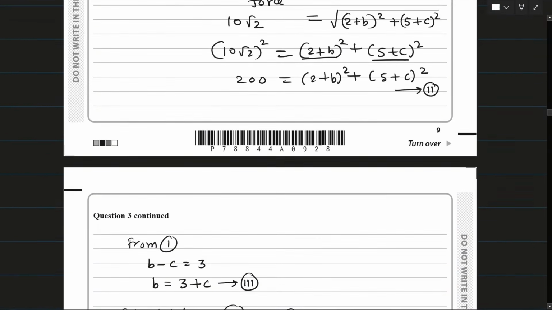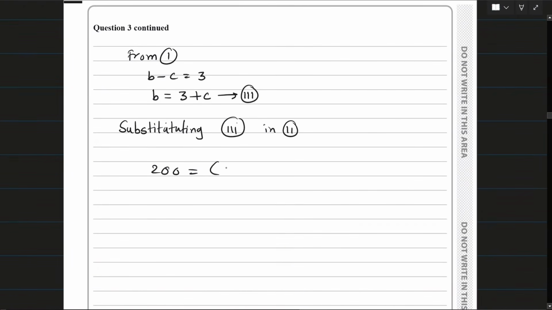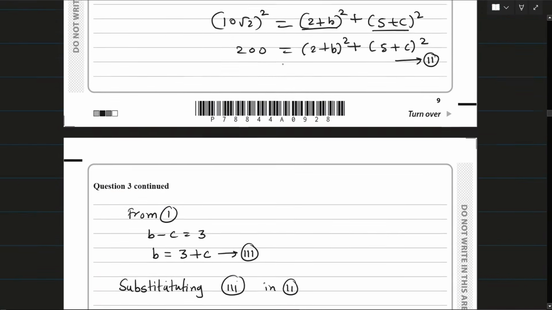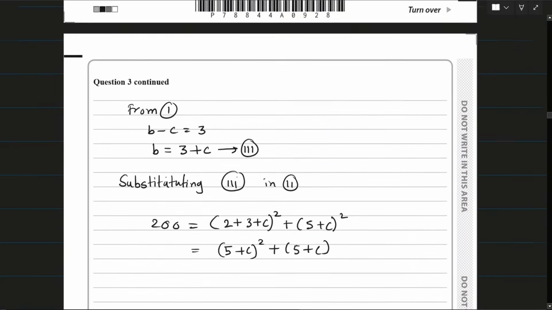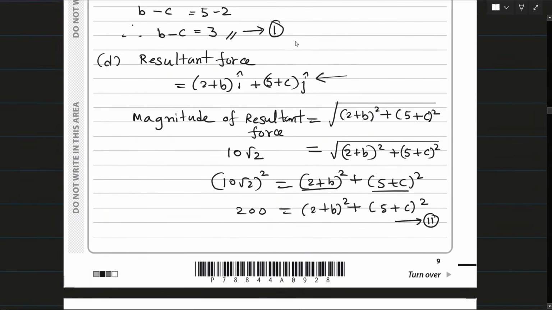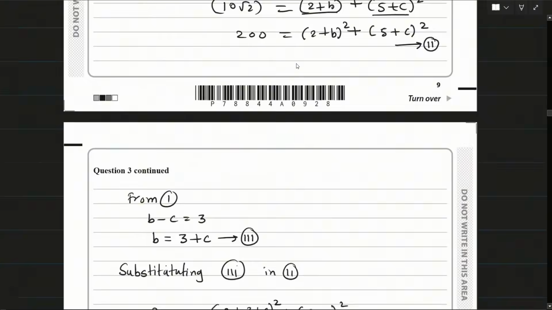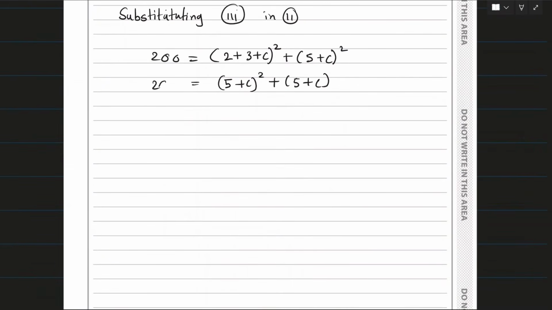So we have 200 is equal to 2 plus B whole square plus 5 plus C whole square. We substitute 3 plus C instead of B. Now simplifying this gives us 5 plus C whole square plus 5 plus C whole square, and this is equal to 200.